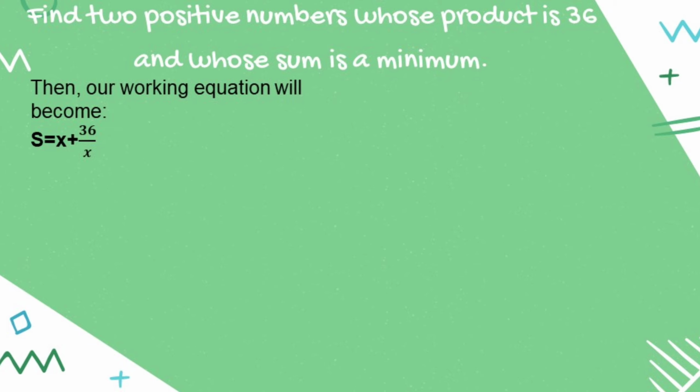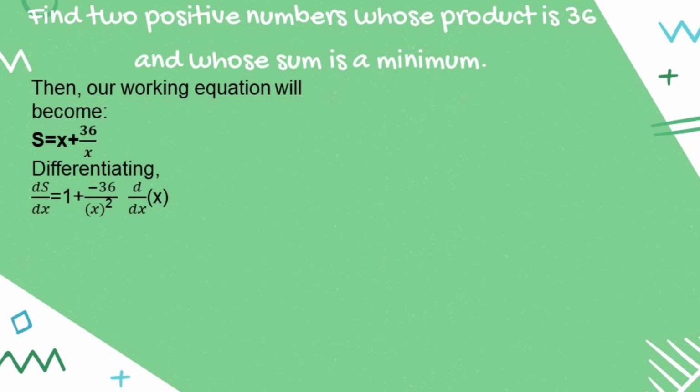Let's differentiate it. That's why we have the derivative of s with respect to x equals 1, which is the derivative of x, plus negative 36 over x squared multiplied by the derivative of x. We have negative 36 over x squared multiplied by the derivative of x because we applied the derivative of a constant over a variable, which is negative c over v squared times the derivative of v.